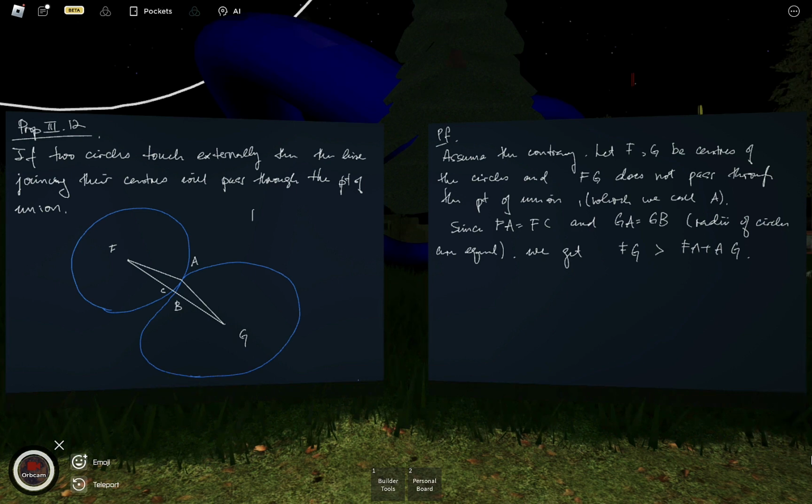And because these line segments are equal, we get that FG is greater than FA plus AG, which is a contradiction. It contradicts the triangle inequality, which is proposition 1.20.